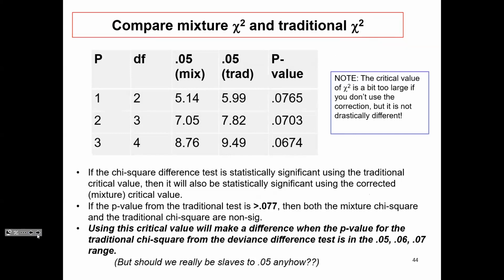So how does that transfer into a p-value? Well, the reality is that a p-value anything less than 0.0765 should be statistically significant, right? Because really I should be using 5.14 instead of 5.99.